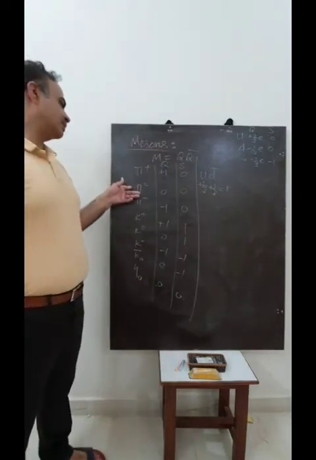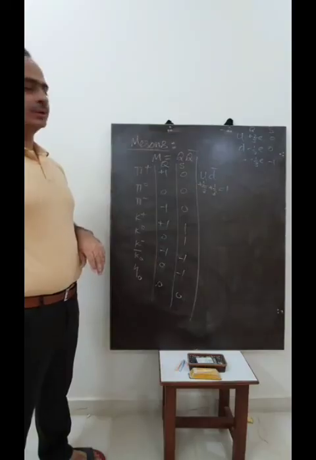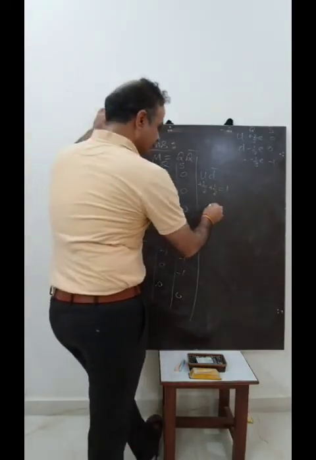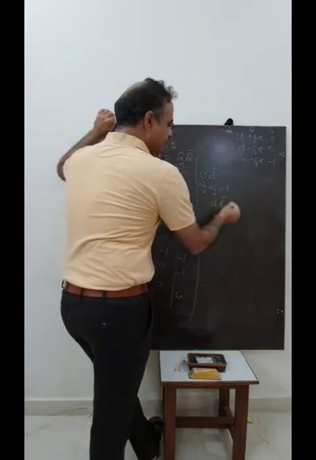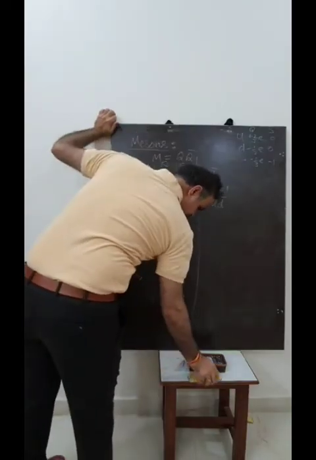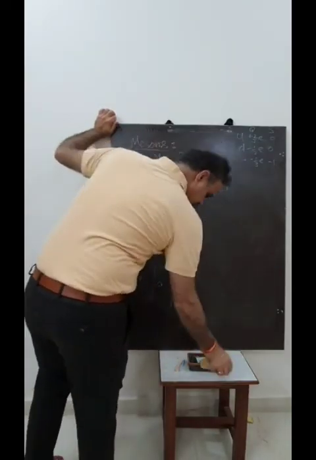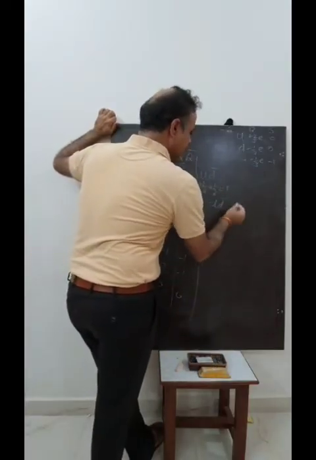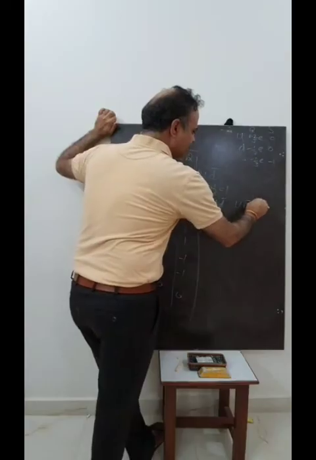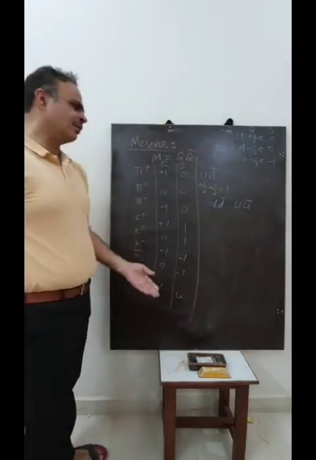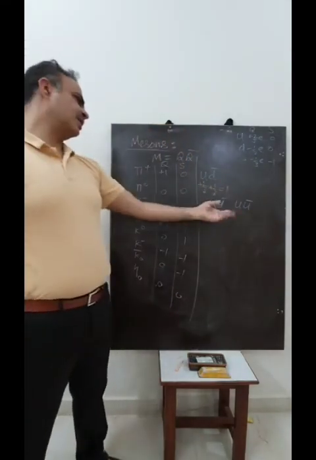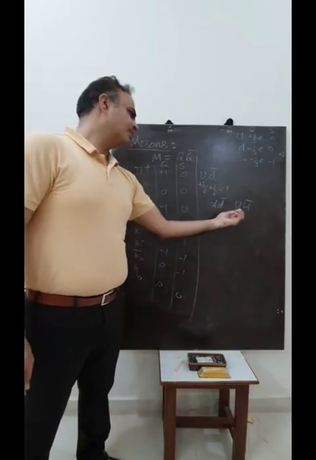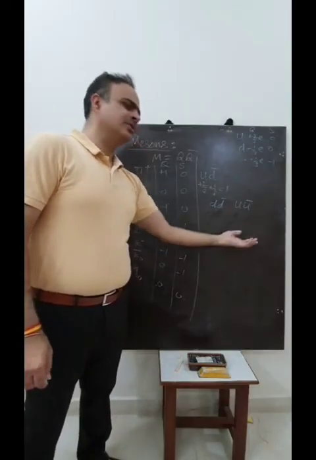Pi naught can be made by two combinations: one is dd bar, other is uu bar. Both have S 0, and dd bar gives minus 1 by 3, plus 1 by 3, 0; uu bar gives plus 2 by 3, minus 2 by 3, 0.